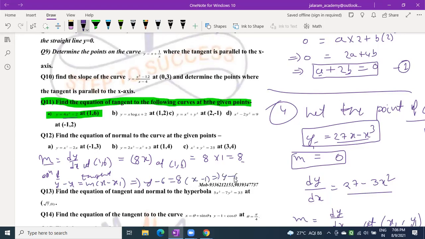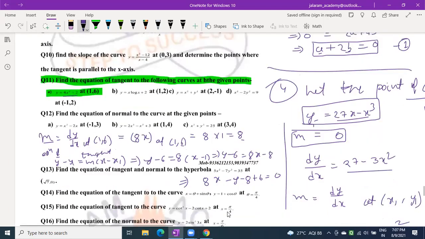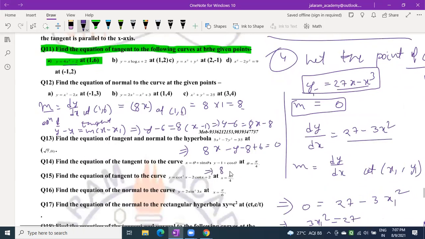That is y minus 6 equals 8x minus 8. Transfer them to the same side, towards the x will be better. So 8x minus y minus 8 plus 6 equals 0. So the final answer is 8x minus y minus 2 equals 0.